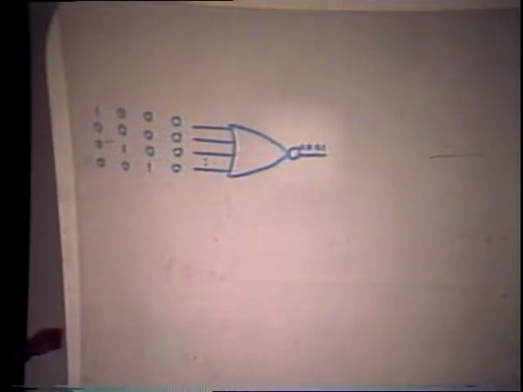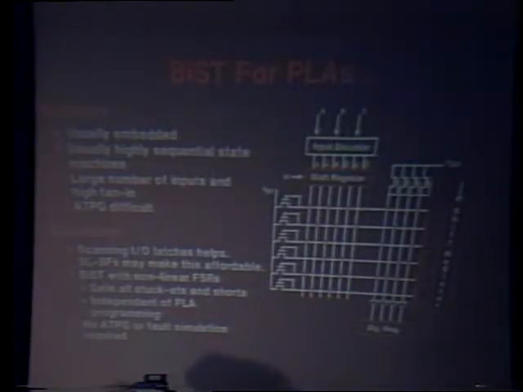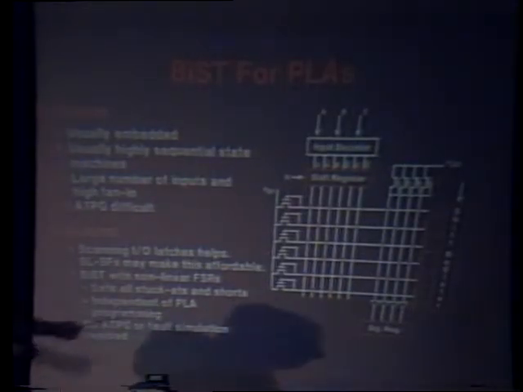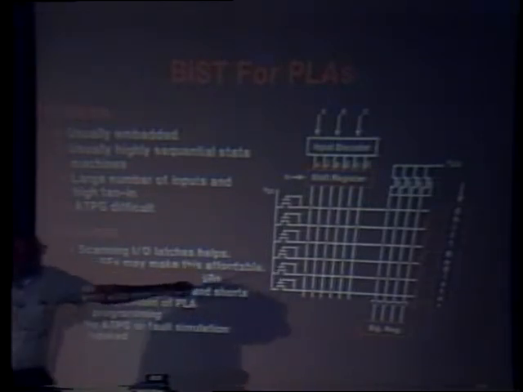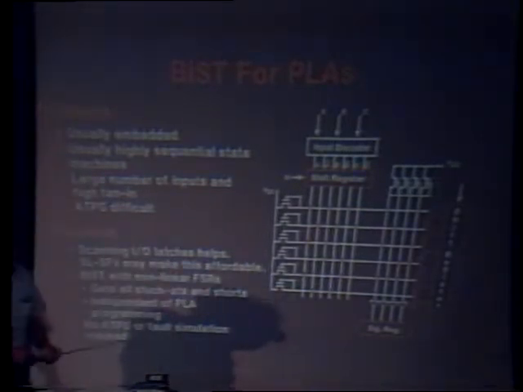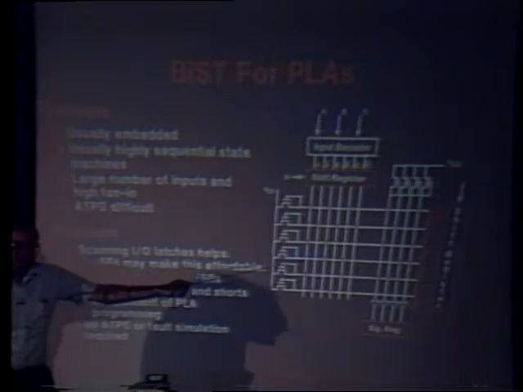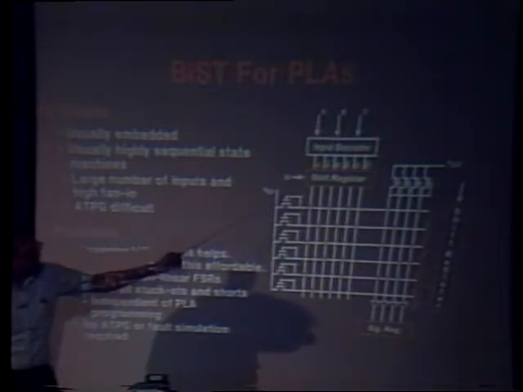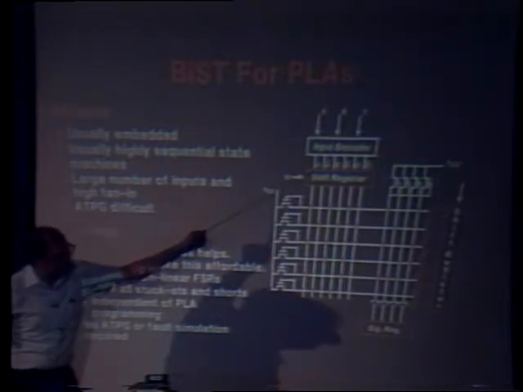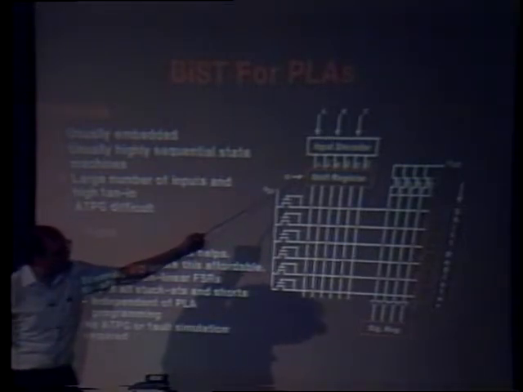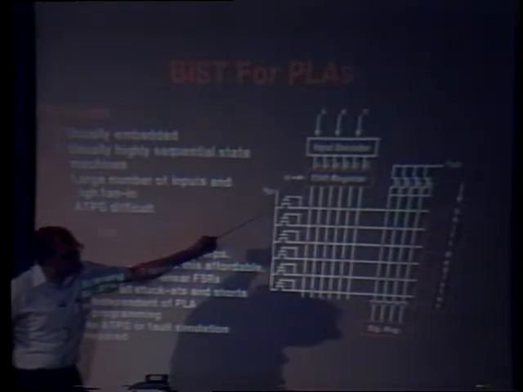Now, in addition to that, see, this here is a NOR plane, and here is another NOR plane. So we already sensitized the faults here by shifting in a vector of 1 through this shift register.